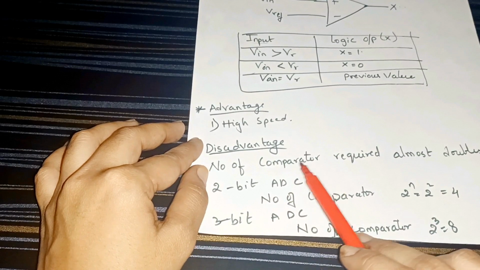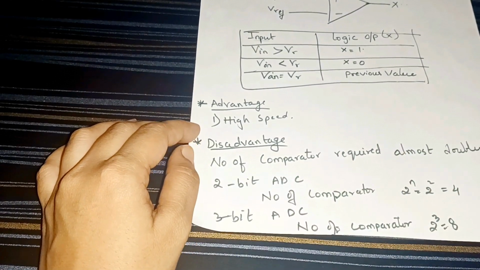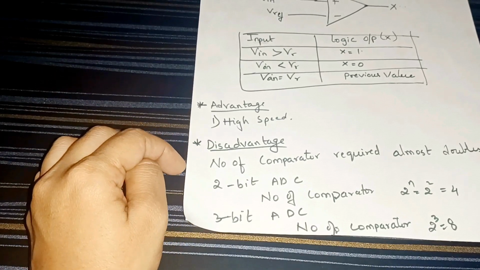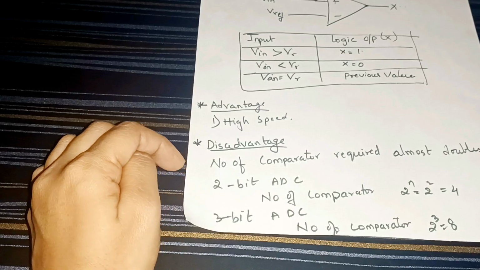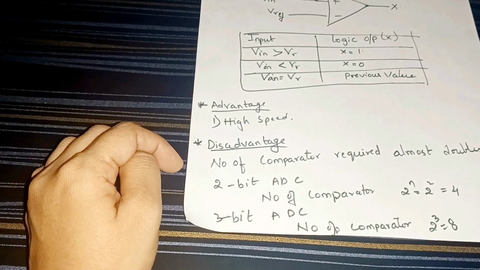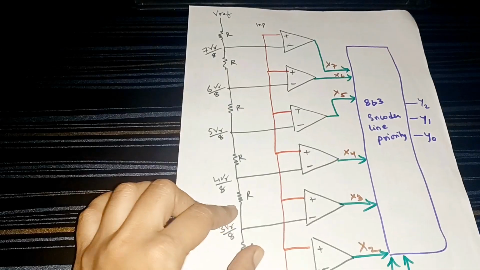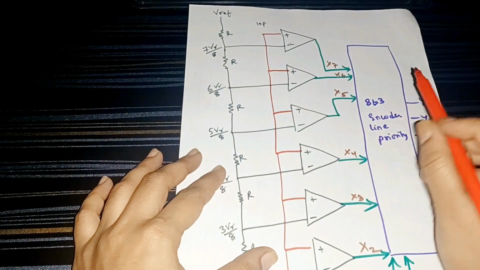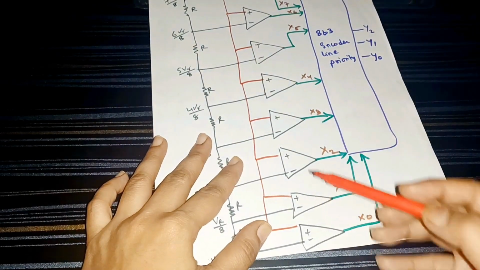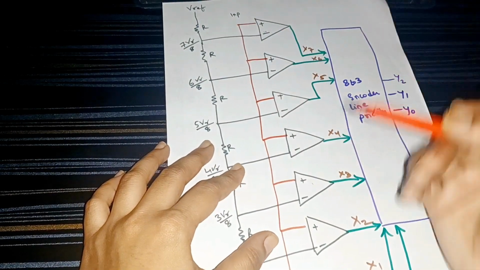The number of comparators is equal to 2 raised to n. Disadvantage: if I want to use 5 bits, then the comparators will be 2 raised to 5, which is many more comparators, and that is the biggest disadvantage. Here for a 3-bit variable I am using 8 comparators, you can see 1, 2, 3, 4, 5, 6, 7, 8. I am using 8 op-amps.